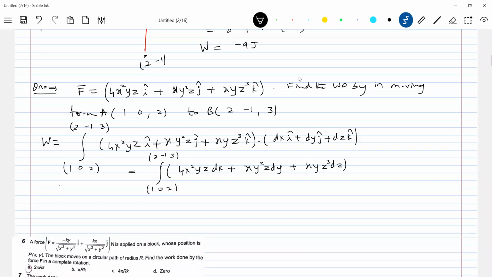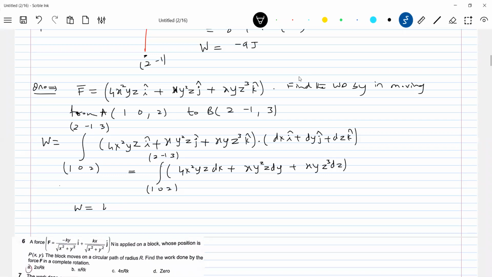Okay, fine. So now we have to be very careful. You are starting at 1 comma 0 comma 2. So how should the substitution of limits be now? How should the overall substitution of limits be? First, in place of y, what should you write? y as 0 and z as 2. Then integrate along x from 1 comma 2.